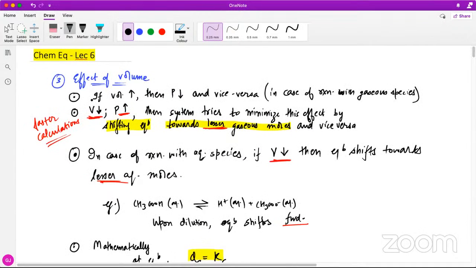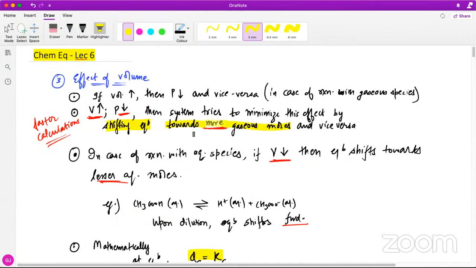Now given that inverse relationship, let me put it in the opposite manner. If volume increases then pressure would decrease, and pressure decreasing means the reaction will shift towards what? Towards more gaseous moles.